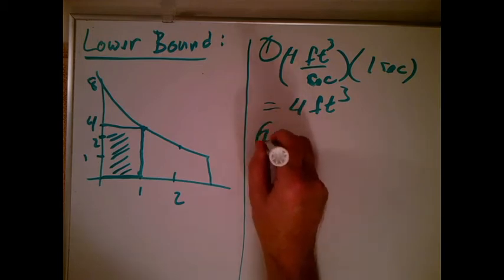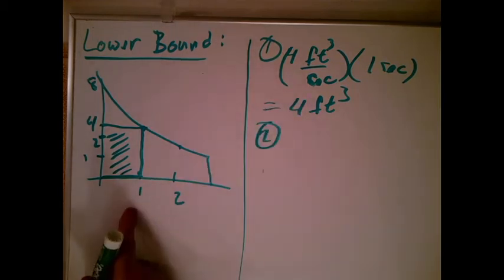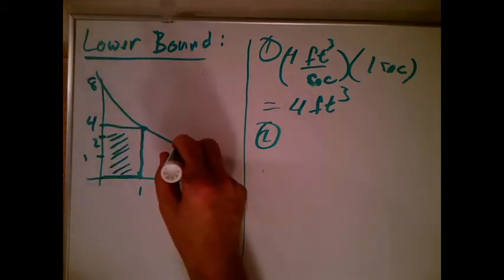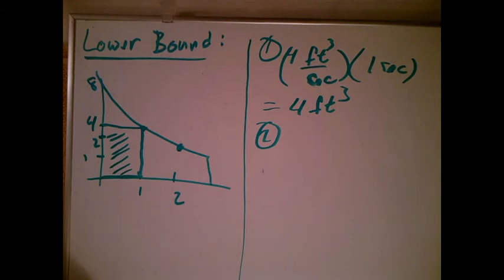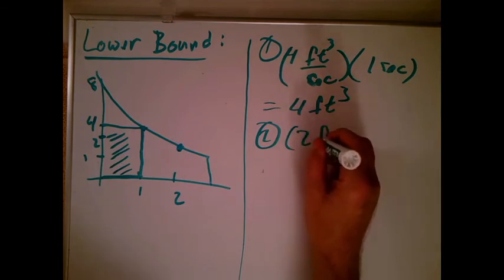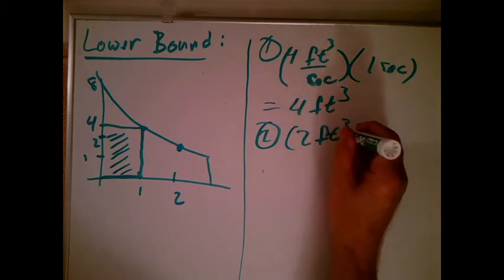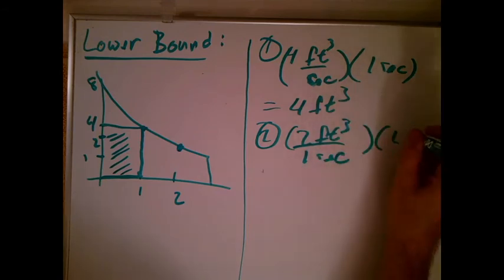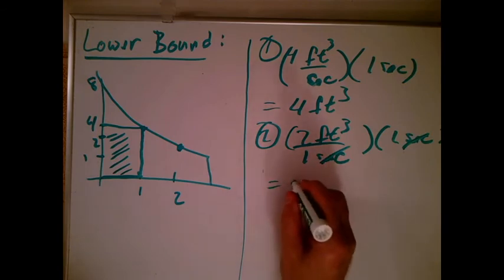Let's look at the second time interval, just from t equals 1 to t equals 2. I'm now looking for the slowest the rate ever went. Well, the rate is going down here, so the slowest the rate ever went is the height of that dot, which is 2. And so what we're going to do is multiply that slowest rate, 2 cubic feet per second, times 1 second. The seconds cancel, and I get 2 cubic feet.